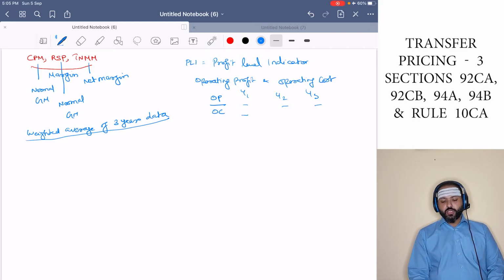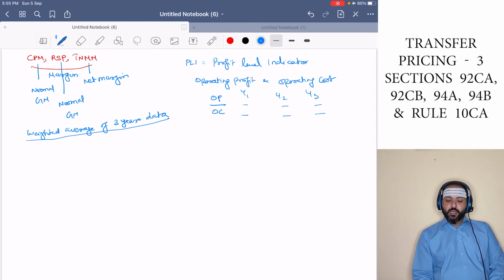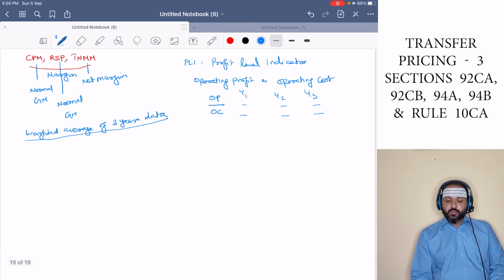Likewise, operating cost for year 1, operating cost for year 2, operating cost for year 3. Then I will add everything and call it total operating profit, total operating cost. So operating profit divided by operating cost will give me the weighted average percentage of one comparable company.